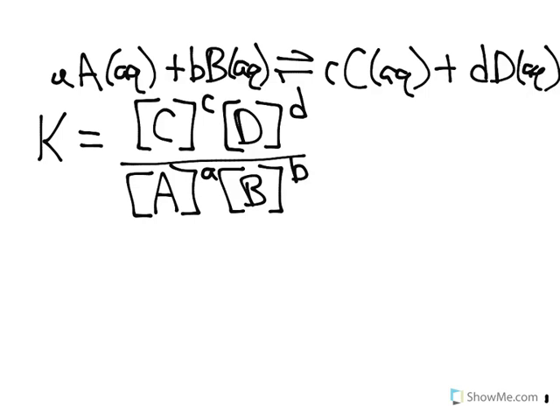So at equilibrium, and again, I'm saying I'm at equilibrium because I have a K written here, if I take the concentration of C and raise it to C's power, and then take the concentration of D and raise it to D's power, and do this for the reactants as well, whatever those concentrations equal out to will represent the value of this equilibrium constant K.